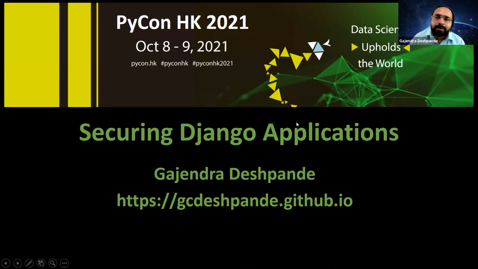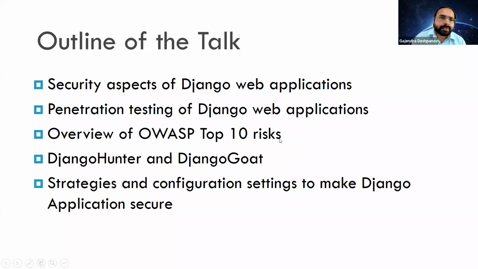So in today's topic, I'm going to give you the overview of securing Django applications. In today's talk, we will be discussing in brief security aspects of Django web applications and how we can perform basic penetration testing of Django web applications. Then an overview of OWASP top 10 risks.